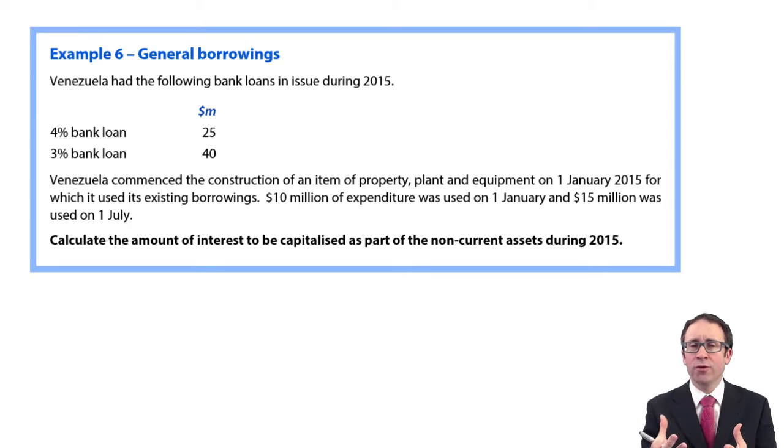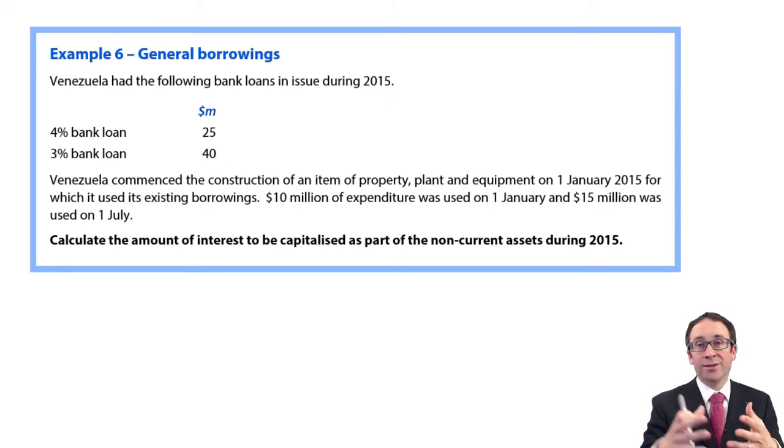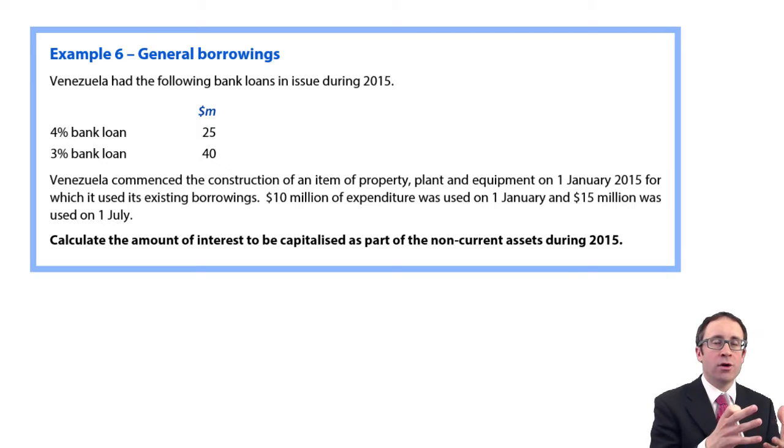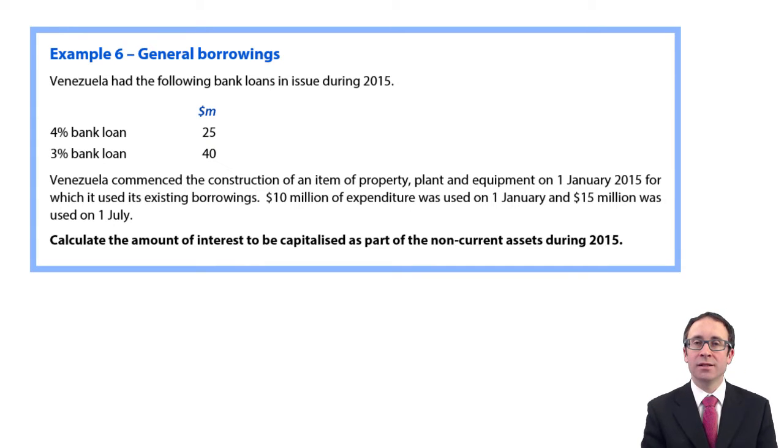So it's taken out several different loans of different amounts and different interest rates. And then your department needs to be able to borrow some of that money, take it out of the pot and use it to help you construct your assets. What rate of interest do we apply? What do we do once we've calculated that rate of interest?